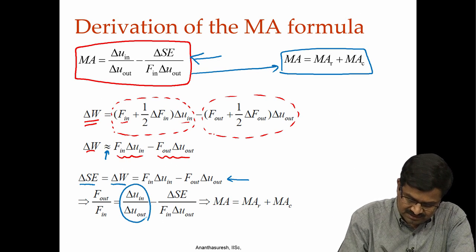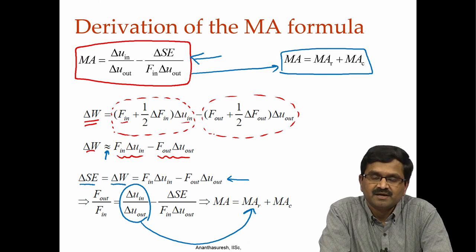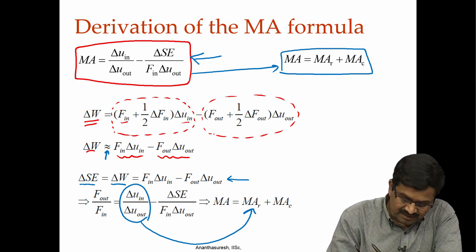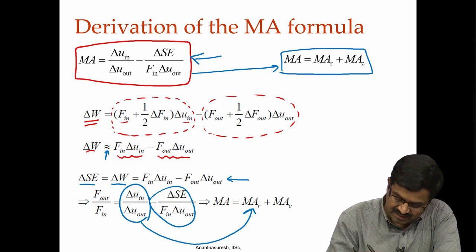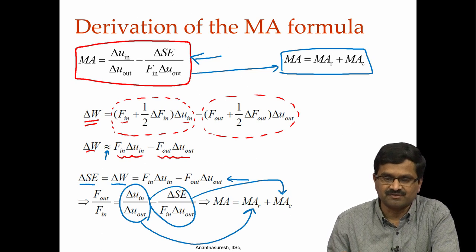We can call the first one MA_R, the rigid body or kinematic component of mechanical advantage, and, including the minus sign, which is an important thing to say, the other is the compliant or elastic part.